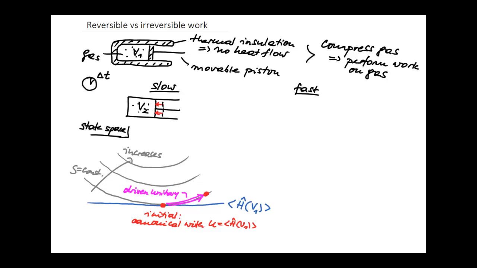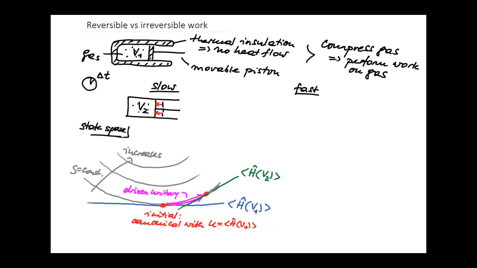So we have a new Hamiltonian H of V2, of the new volume. And the final state is characterized by the expectation value of that new Hamiltonian. Let me indicate by the green line the set of all states that have a given expectation value of the Hamiltonian at the new volume V2.